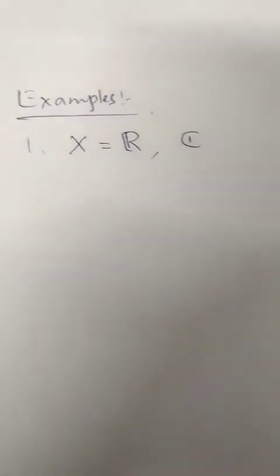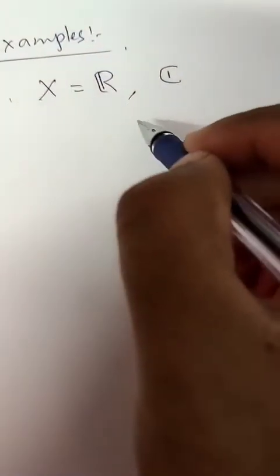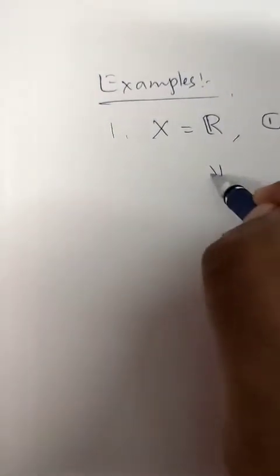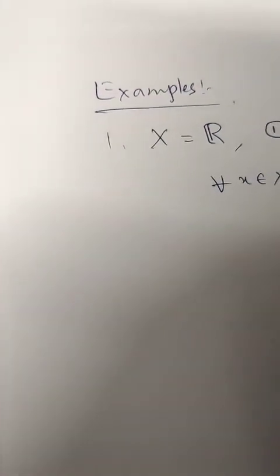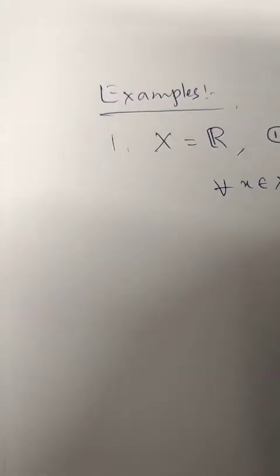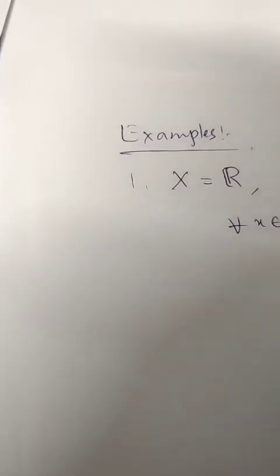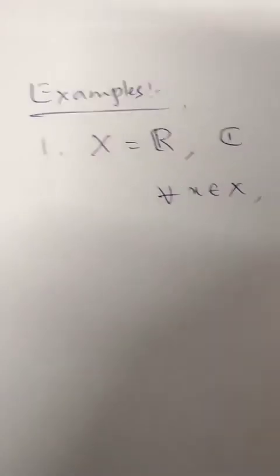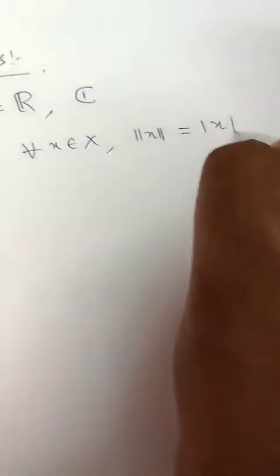The simple norm that you can define on X is, for every x belonging to X, the norm of x defined by the absolute value of x, or mod x.